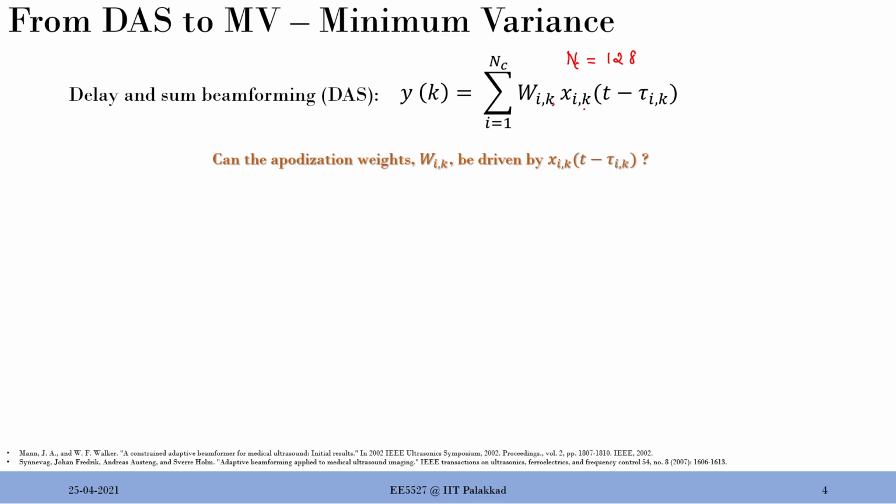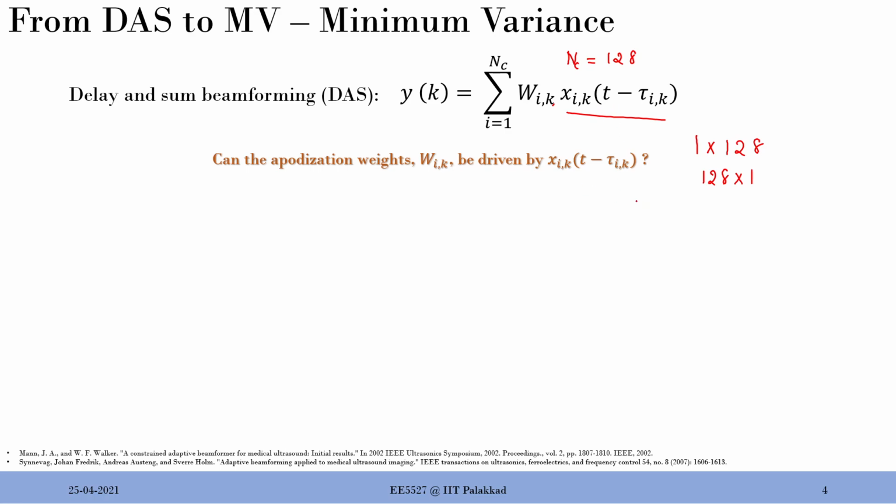That means this XIK, over n channels, will be 1 cross 128. Or rather, let's put it in terms of column vector terminology, because that's very common. That means a 128 cross 1 column, with 128 values, each corresponding to a transducer for this pixel. So we are only concentrating on one pixel.